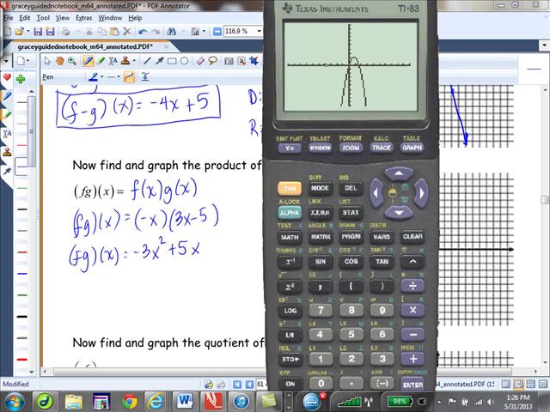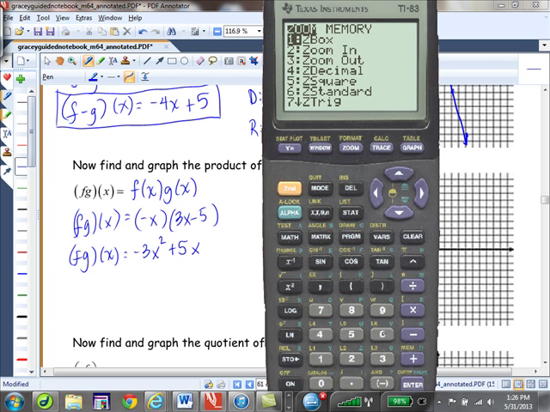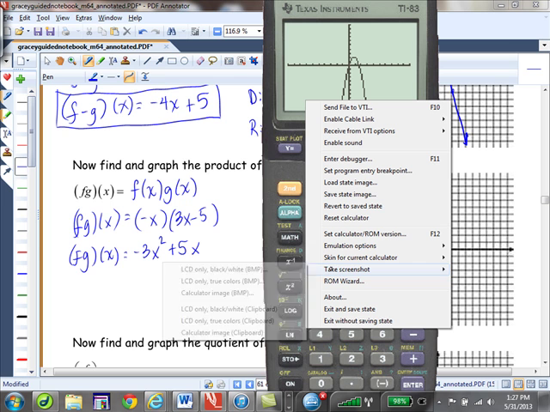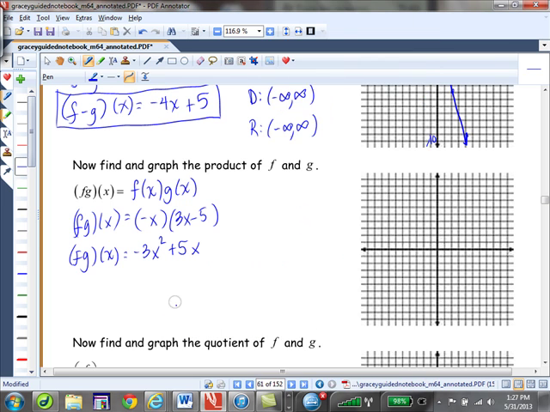And by the way, the scale, let's take a look. I'm going to go zoom standard, which will make it 10 up, 10 down on both axes, and then that way we can take a look at the picture. And as I said, you just copy this the best you can.